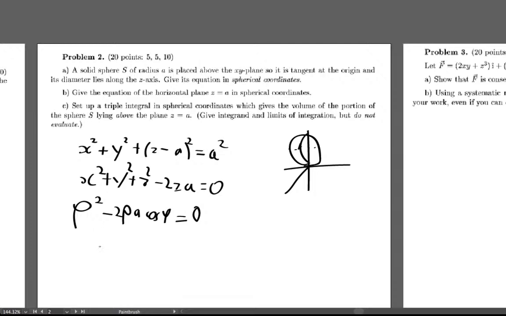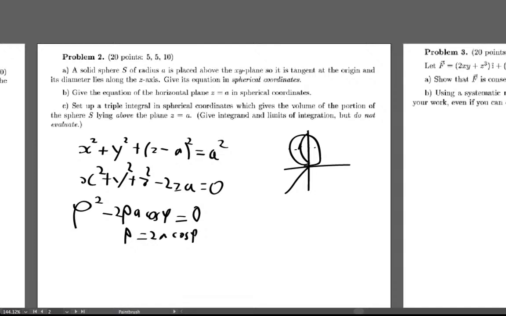But obviously, when you analyze this entire thing, you know that rho equals 0, and then you have rho minus 2a cosine psi, which is another value. You could just state this as rho equals 2a cosine psi. What happens when rho is 0?